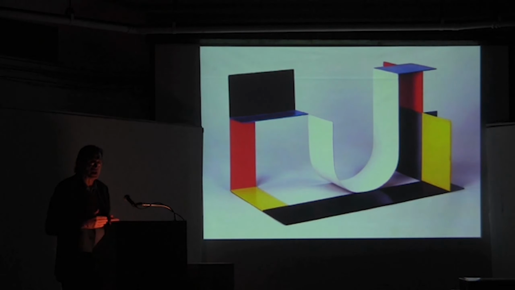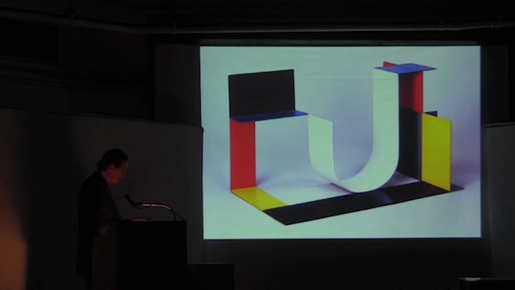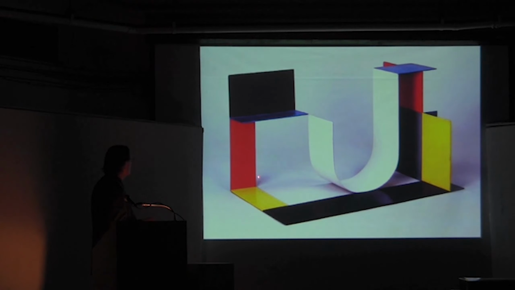Edge is the bounding perimeter. It is the union of two surfaces, and in this case, it is both. The color explains the surface, the differences in color change how we understand the surface, the edge.